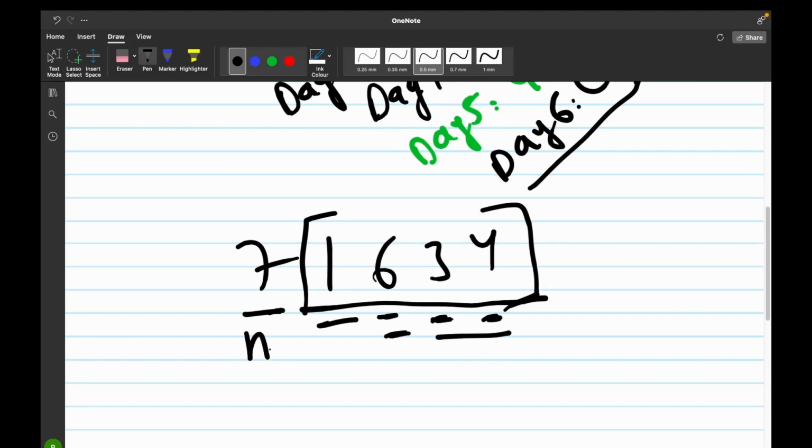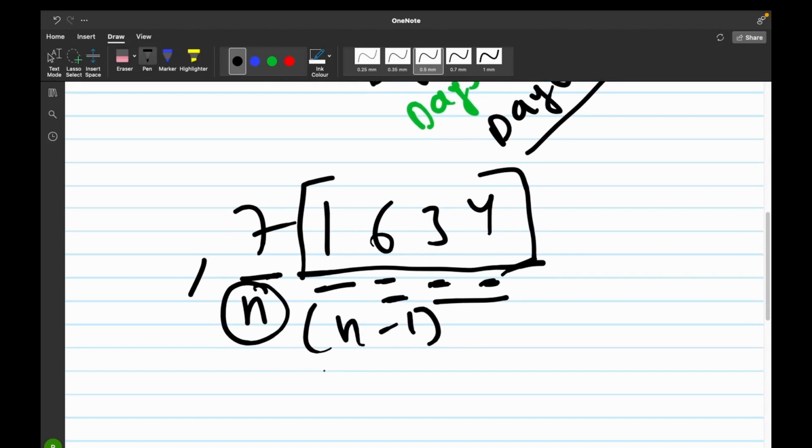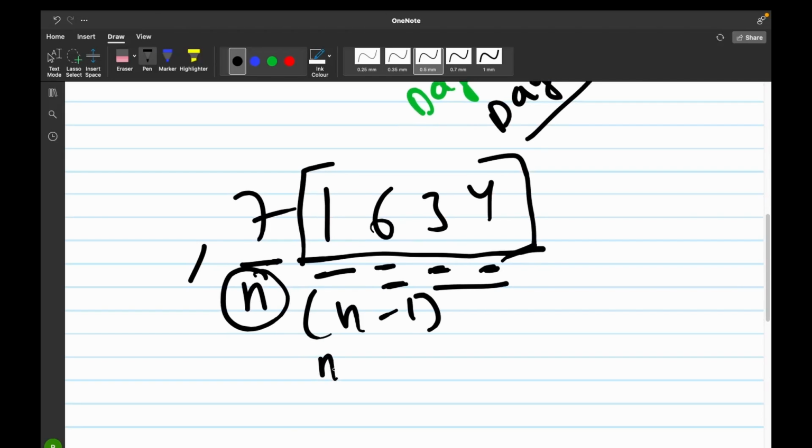So in this process, for the first index, if there are total n elements in the array, we are assessing n minus 1 elements, and for the second index we are assessing n minus 2 elements, and so on.